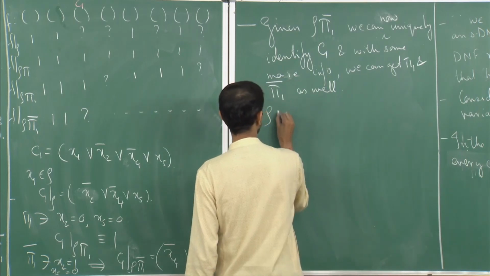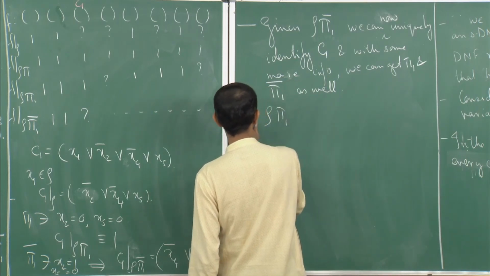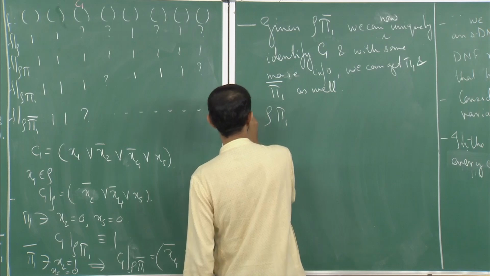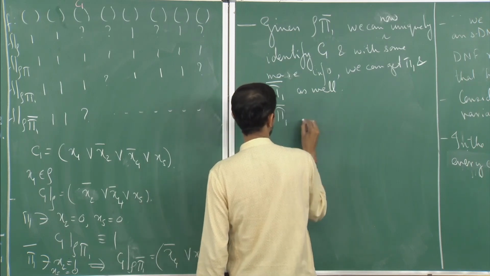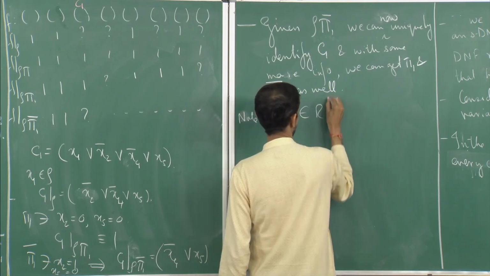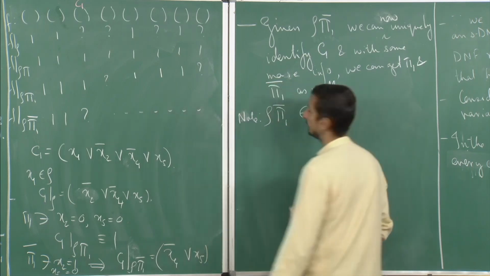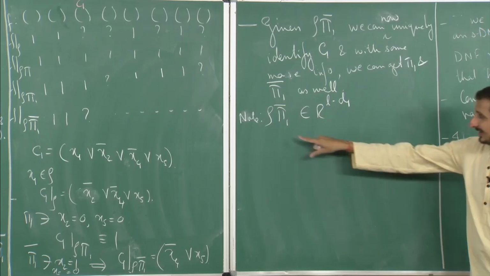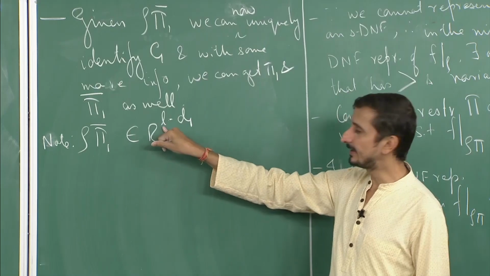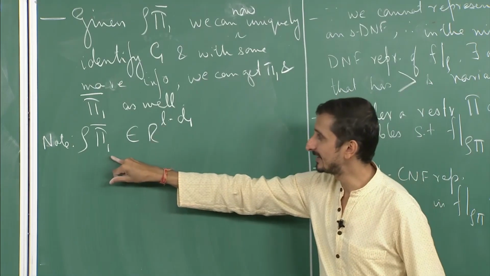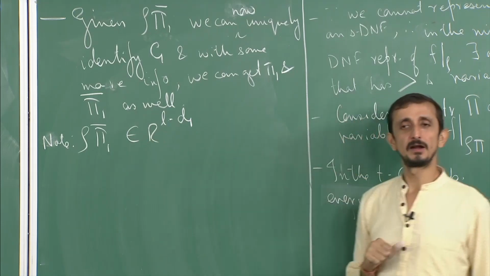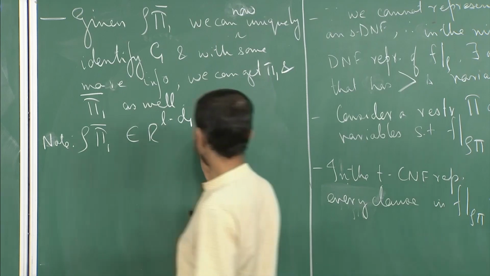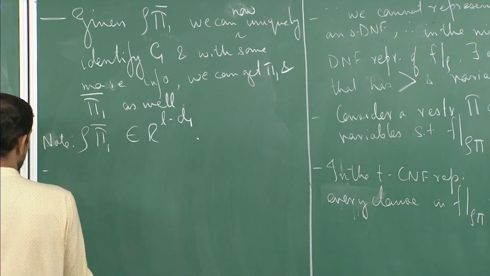So, note rho pi 1 bar belongs to R L minus D1. So, in rho basically L variables were unfixed, now I have fixed another extra D1 variables. So, rho pi 1 bar belongs to R L minus D1. Okay.